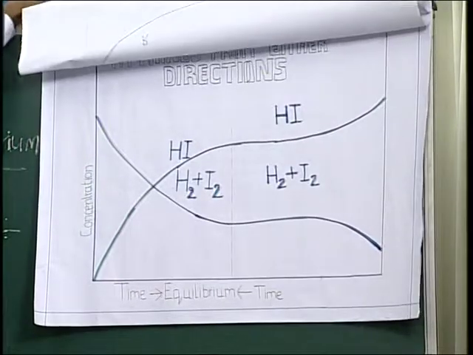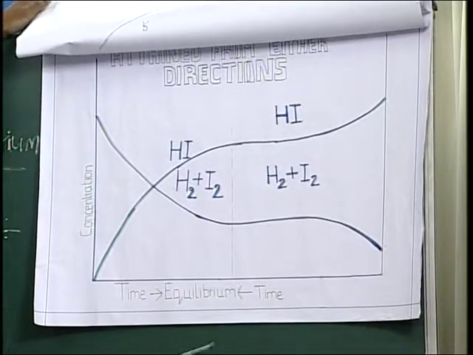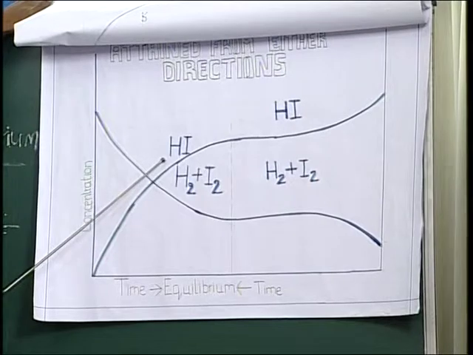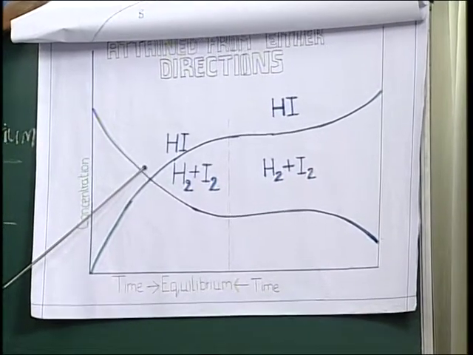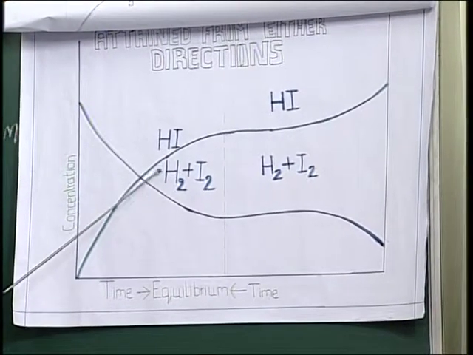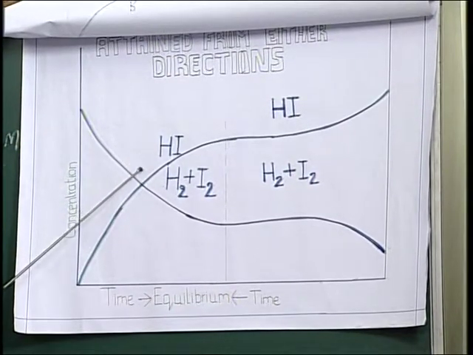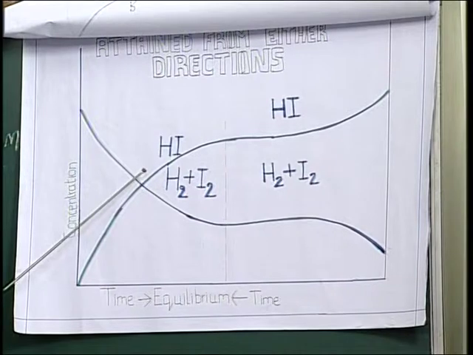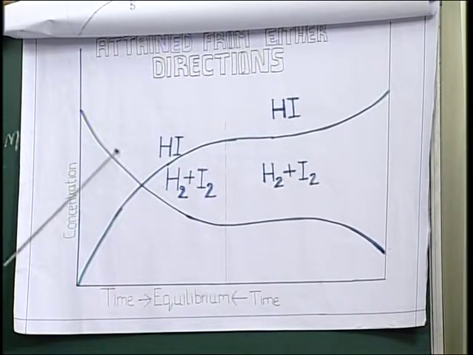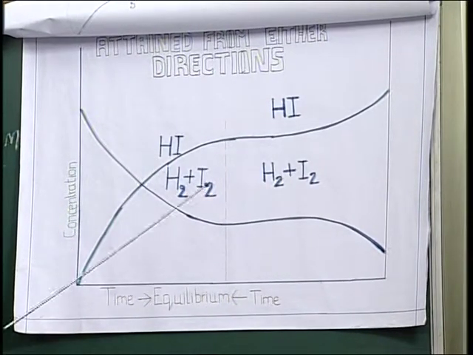In some reactions we can get reactants from the products, and products from the reactants. This graph is the representation of such a type. In this graph we can get equilibrium from either direction.